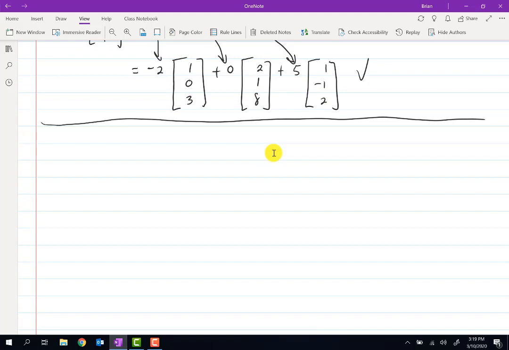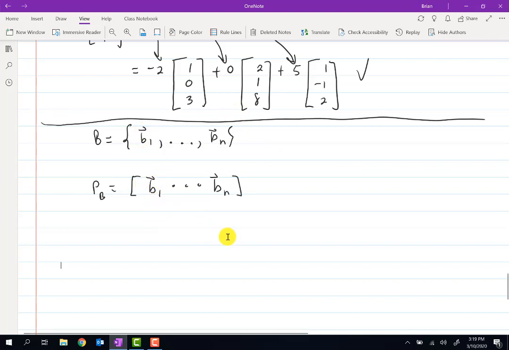So I'm going to let B equal B1 up to B sub n. Then P sub B will look like the following. The matrix with the B's for columns.